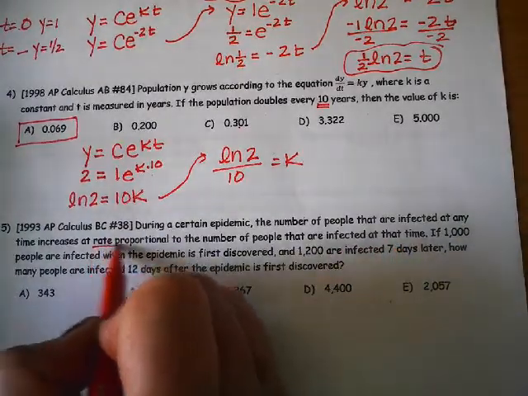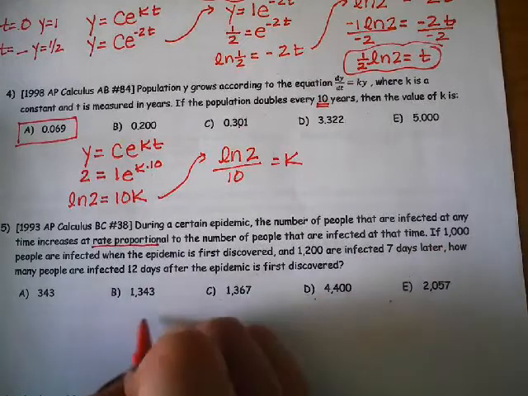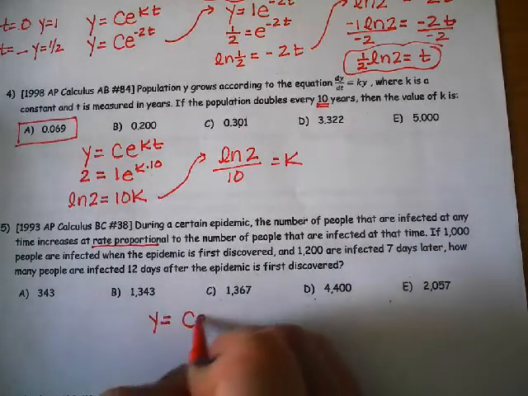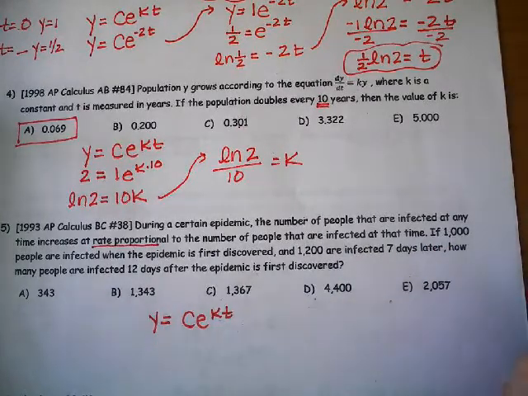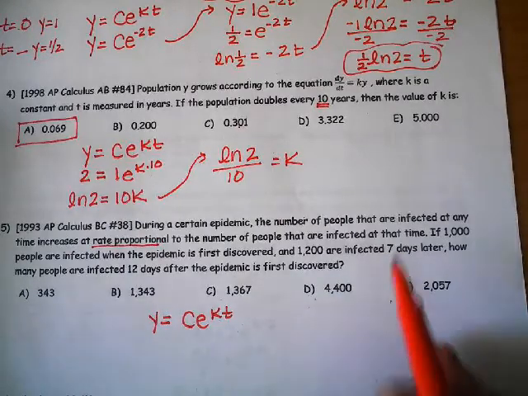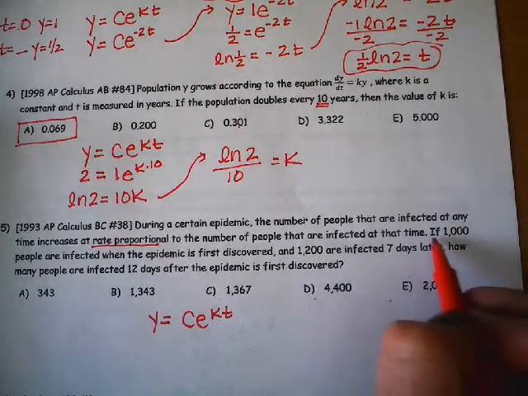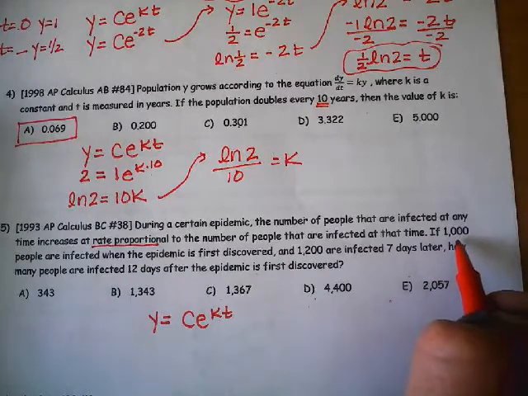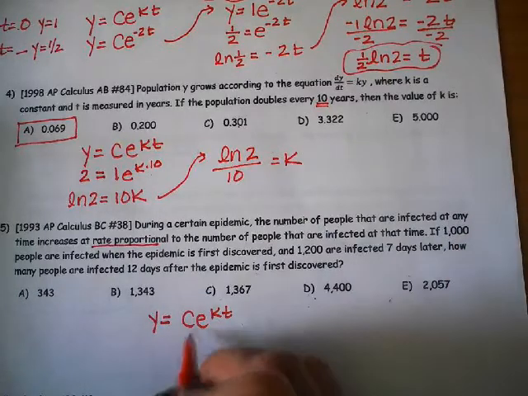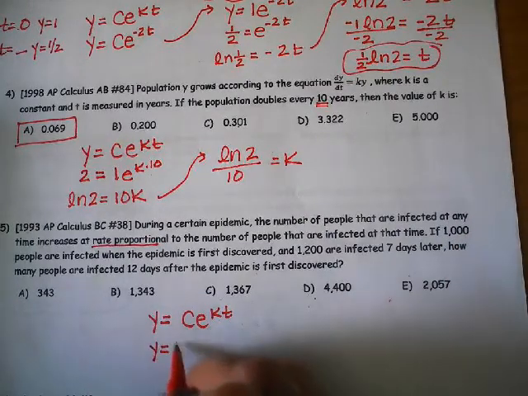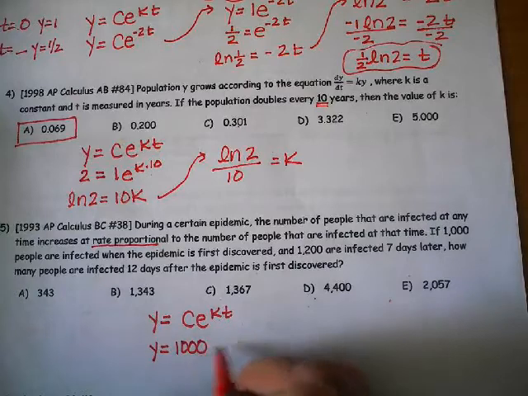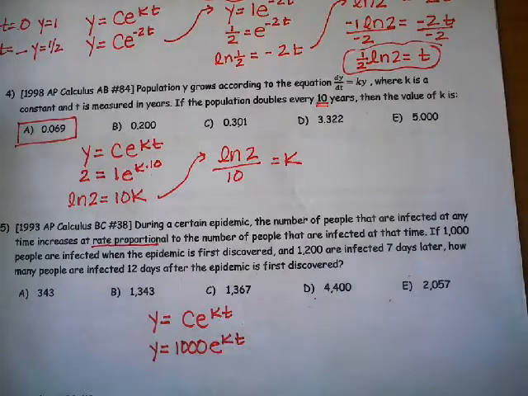So we're talking about the rate proportional, and what this means is Y equals CE to the KT. Now we are given some conditions here. If 1,000 people are infected when the epidemic began, so that was the initial condition, that needs to go in here for C. 1,000 people were infected at the very beginning.